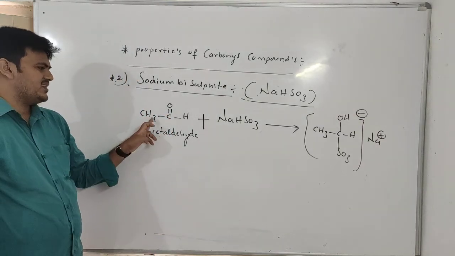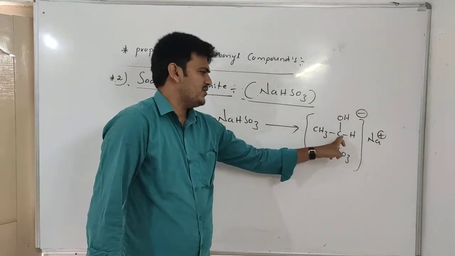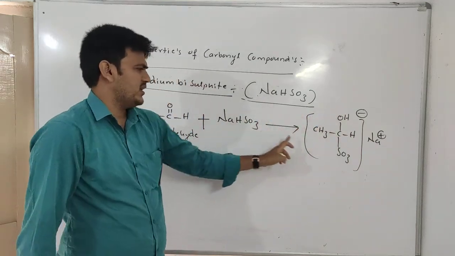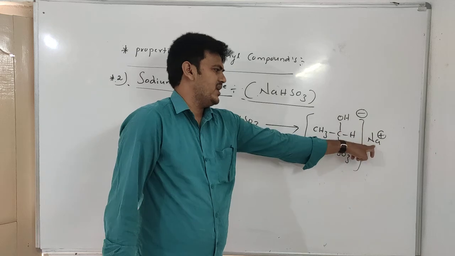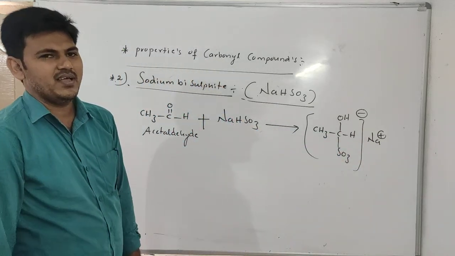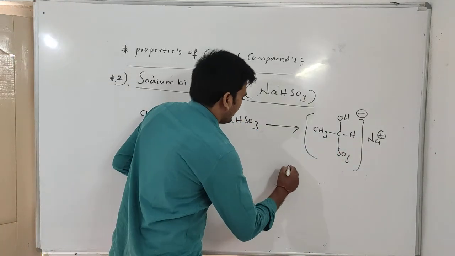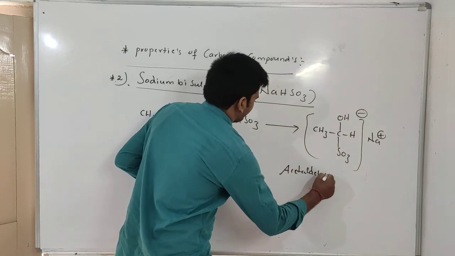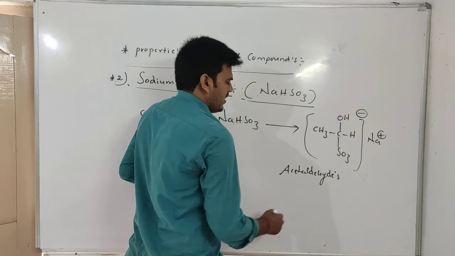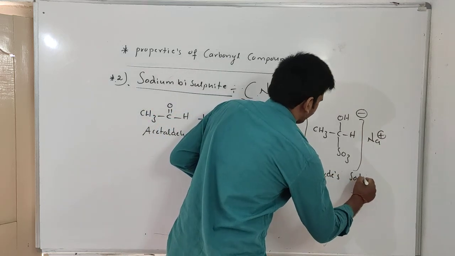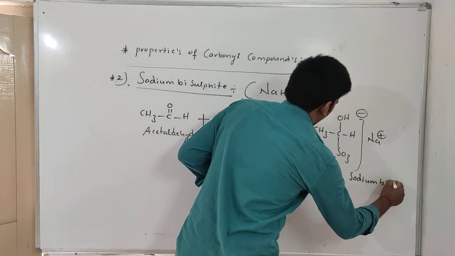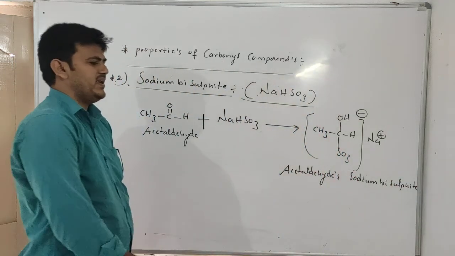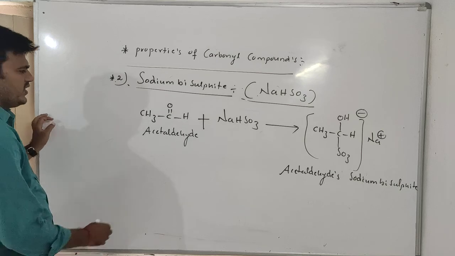So CH3C-H, next O⁻H⁺, OH, next SO3 with overall charge minus, next Na⁺ ion. And the compound name is acetaldehyde sodium bisulfite.